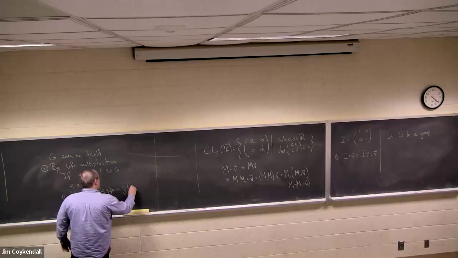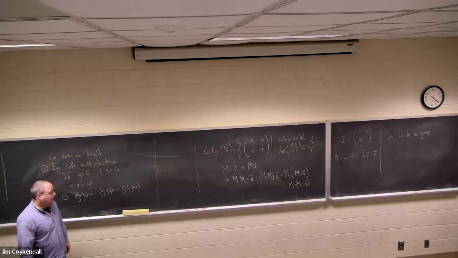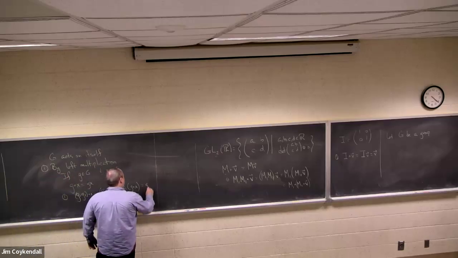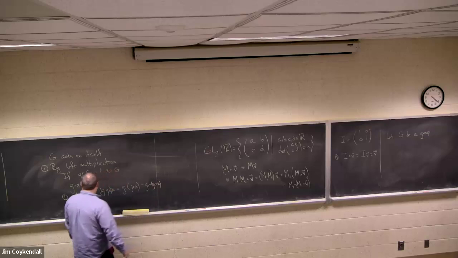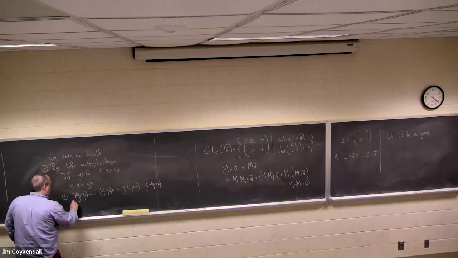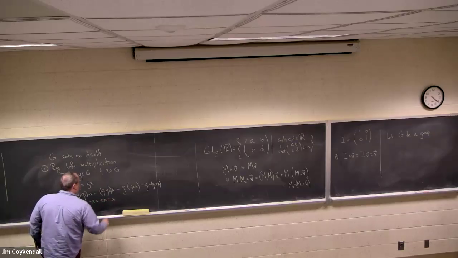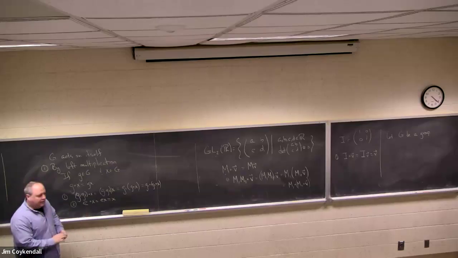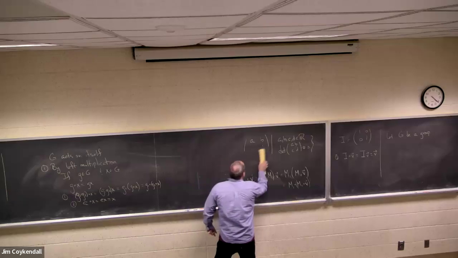And because of the associative property, you get g1 acting on g2 acting on x. And two, the identity acting on x is ex, which is x. So there you go. Another important way that a group can act on itself is by conjugation.